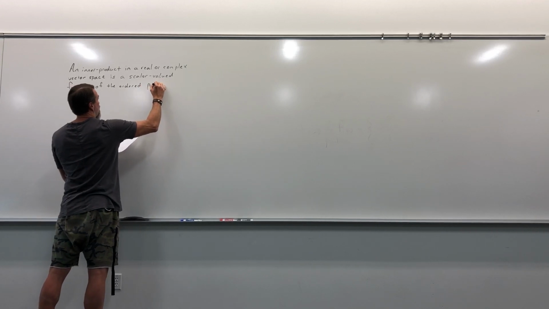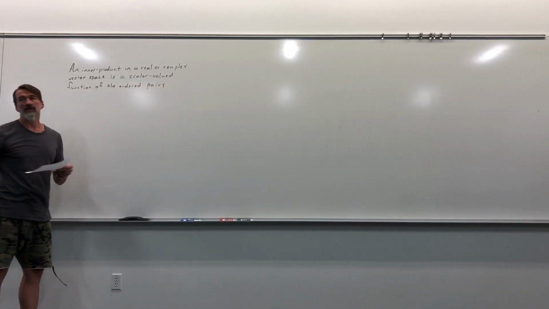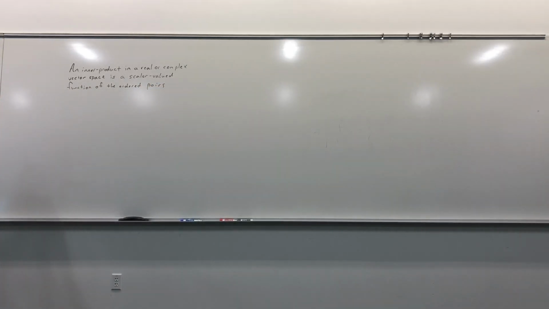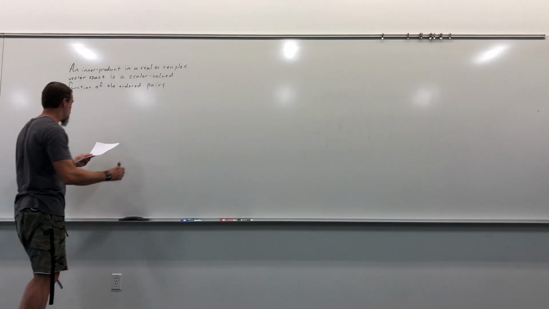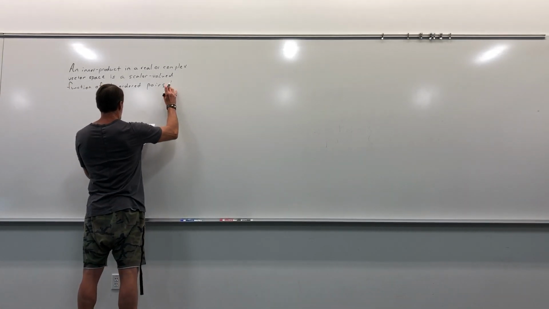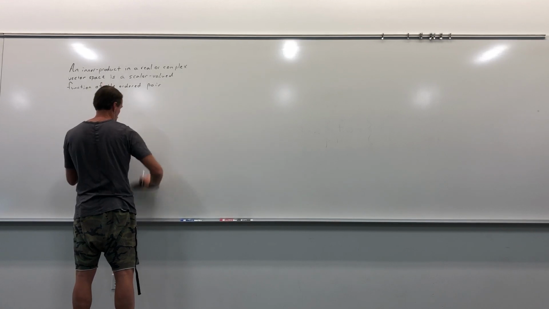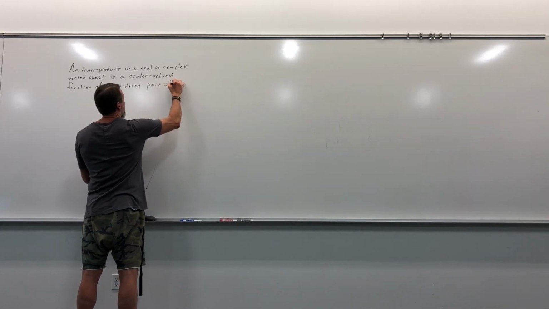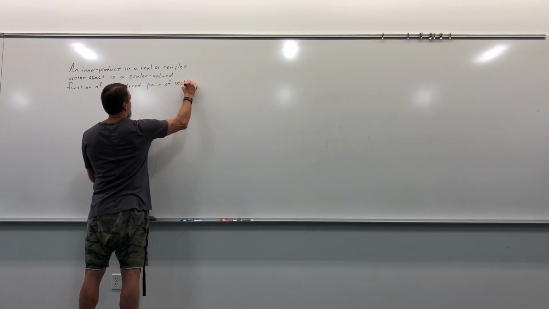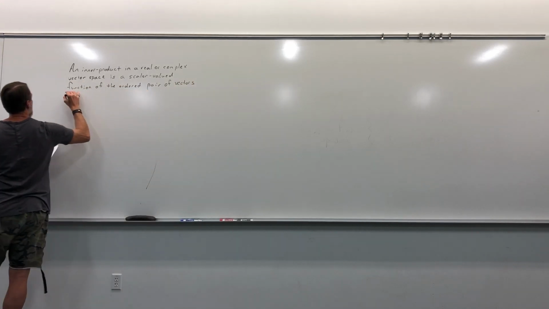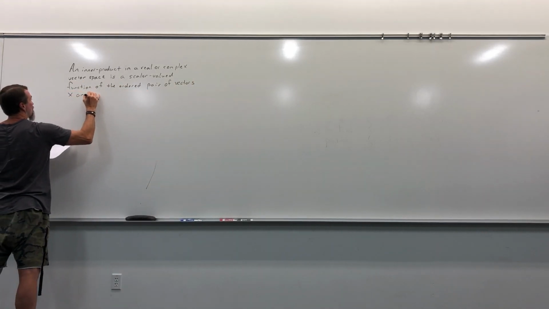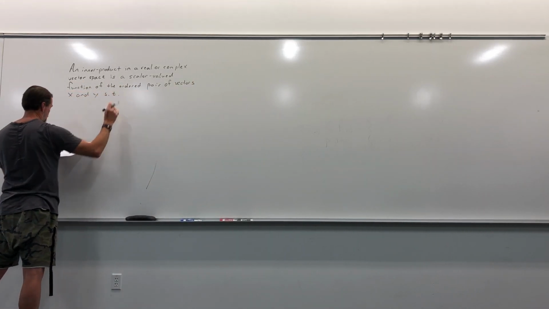This is a word which you're probably not used to when thinking about the dot product, but you'll see why it's important in a moment. Ordered pair of vectors x and y such that the following holds.